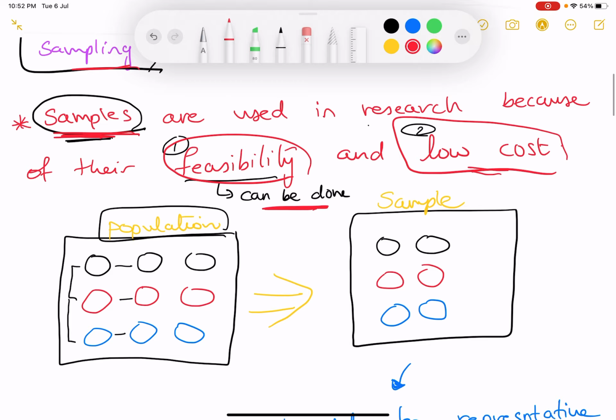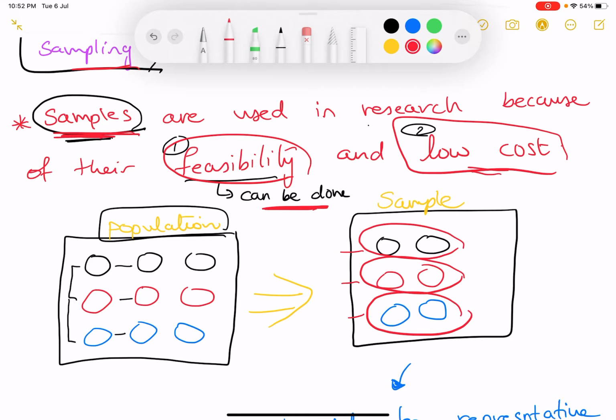And here this figure is showing sampling, and here we have a population and a sample. And here the sample is representative of the population. Why is that? Because the ratio between different people is the same.